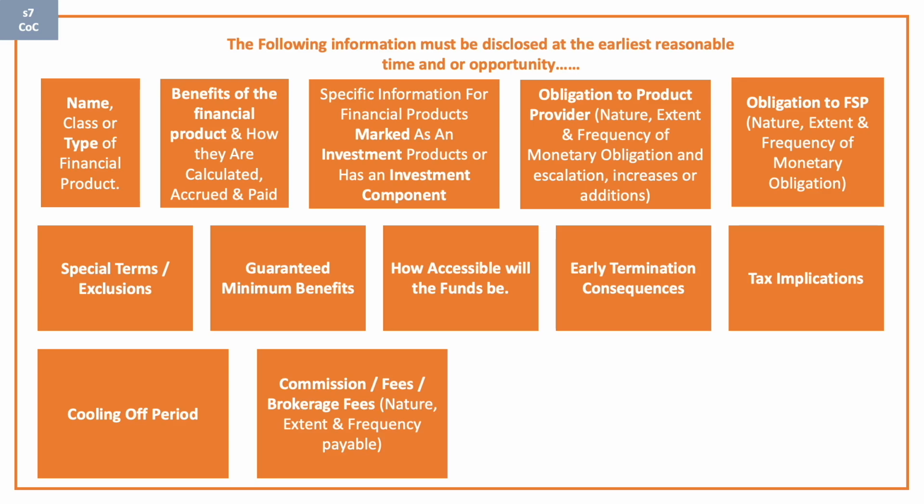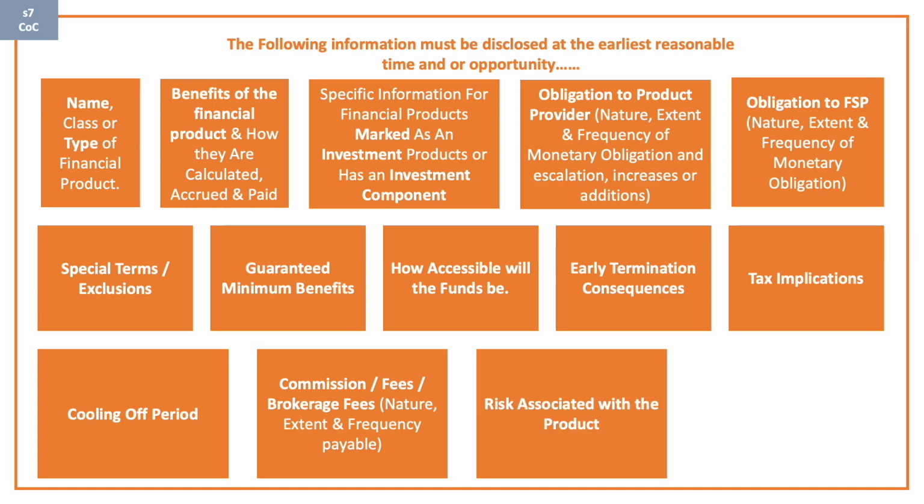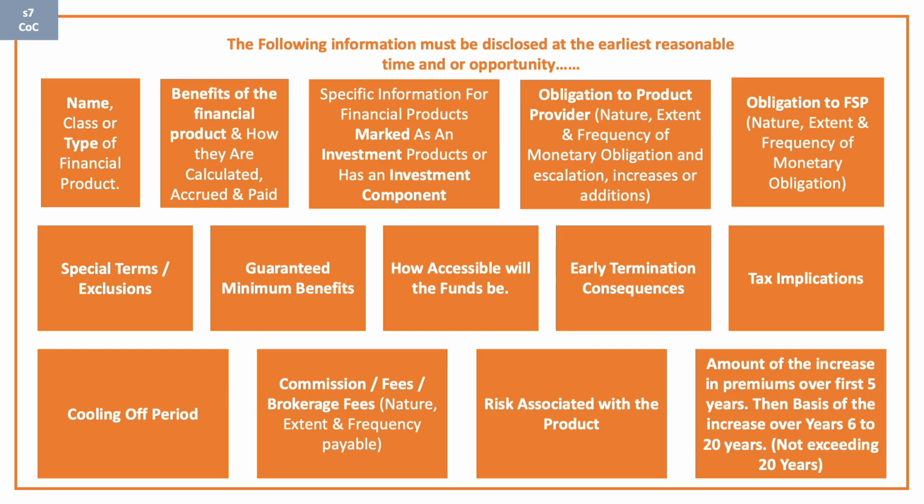The nature, extent and frequency of payment of commission, fees and/or brokerage fees. 13. Any and all risks associated with the product. 14. The amount of the increase in premiums over the first 5 years, then the basis of the increase over years 6 to 20 years, not exceeding 20 years.